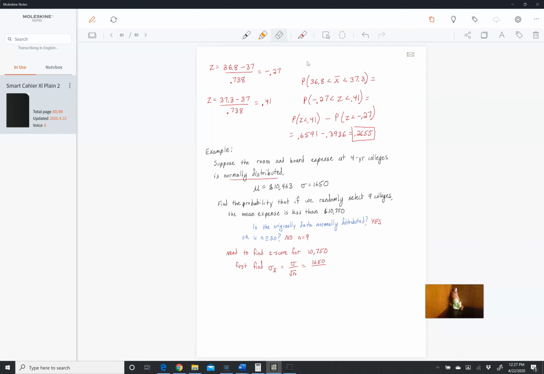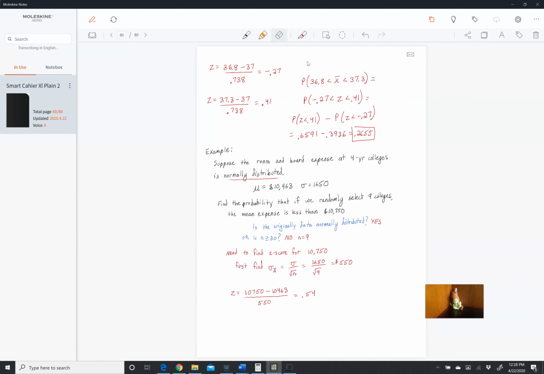It's always given. And our sample size here is 9. So we're taking the square root of 9. So our standard deviation of samples is $550. Okay. So we need to find the z-score. 10,750 minus 10,463 over 550. What do we get here? 0.54.